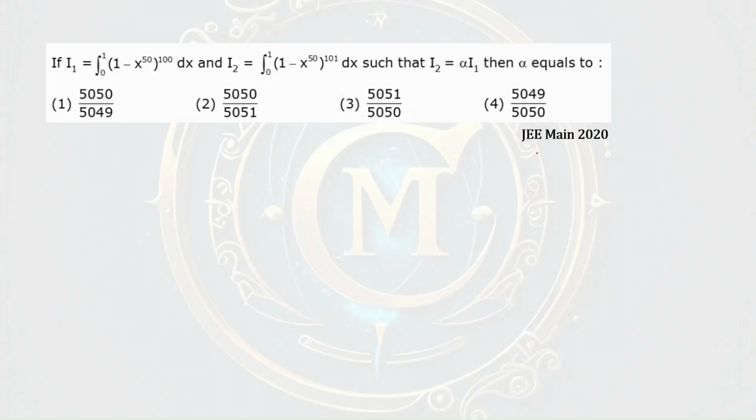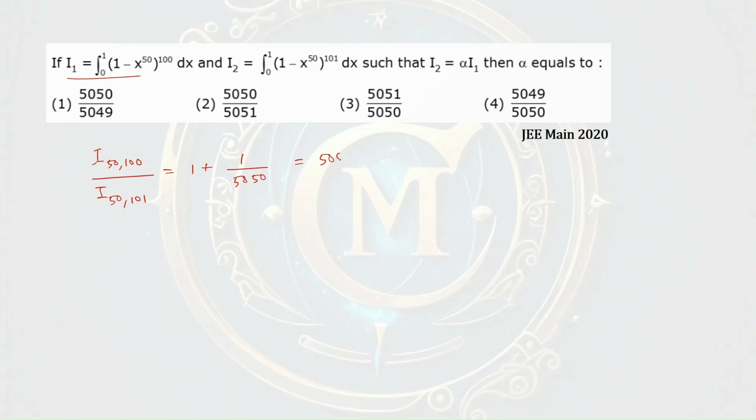Here, it was asked in JEE Main 2020. It is also of the same flavor. This is I1, which is I of 50, 100. And this is I2, so this is I of 50, 100 and 1. This will be equal to 1 plus 1 over 50 into 101, so 5050.